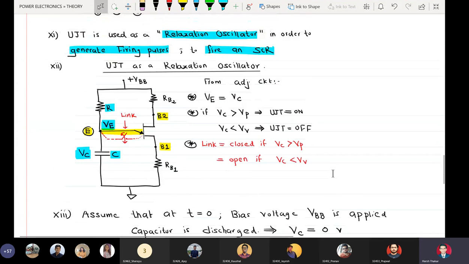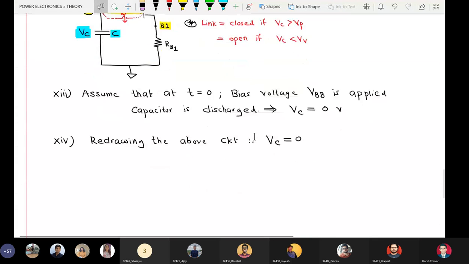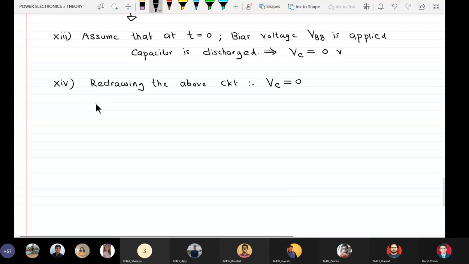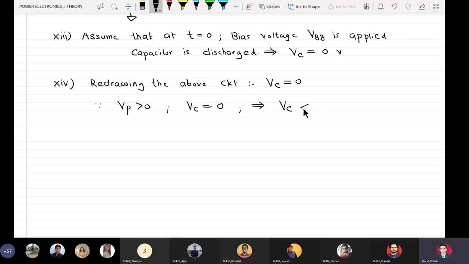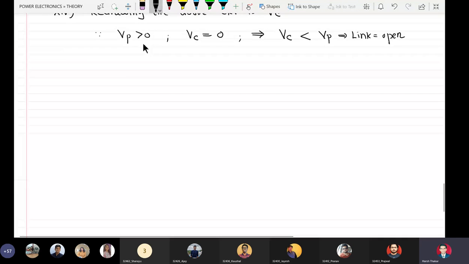That means Vc is less than Vp, hence link equal to open. Okay, link is open now. Redraw the circuit now.